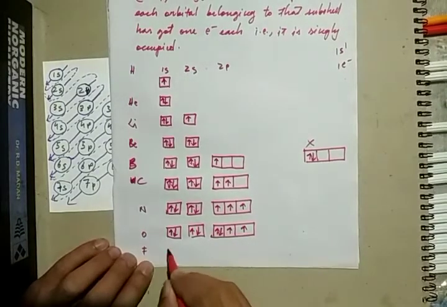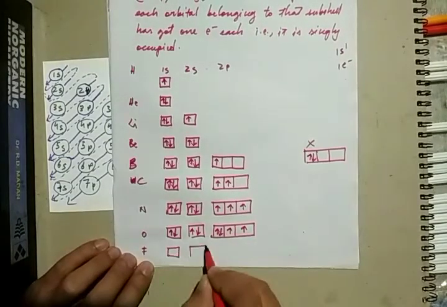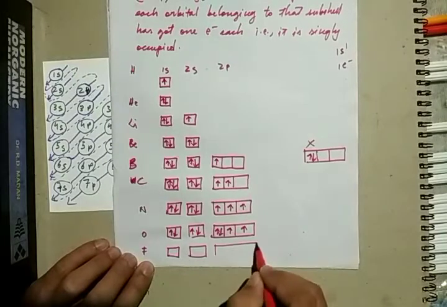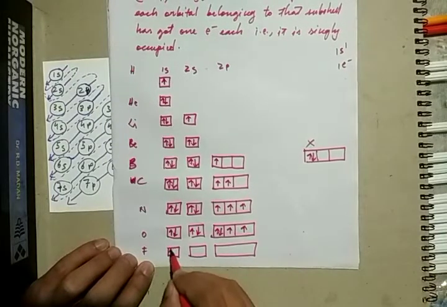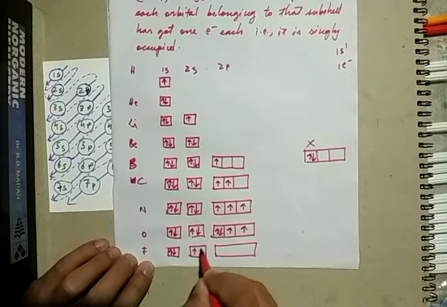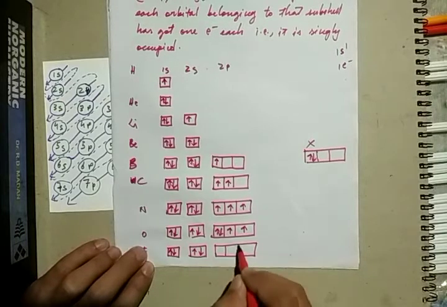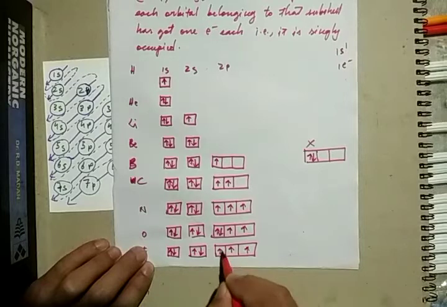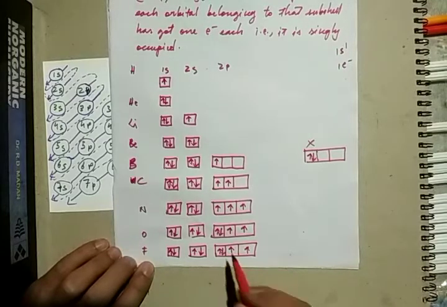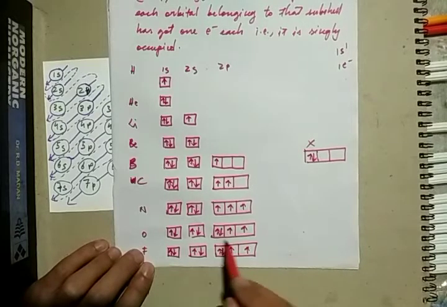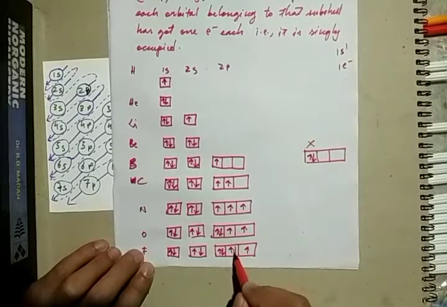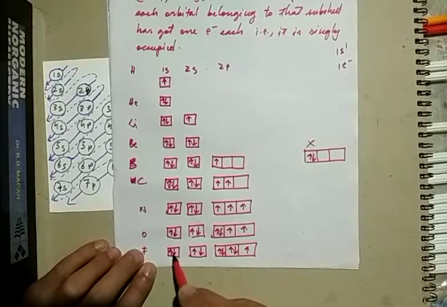Next is fluorine. First singly filled, and then pairing takes place. Fluorine atomic number 9, so 9 electrons, 4 plus 5, 9.